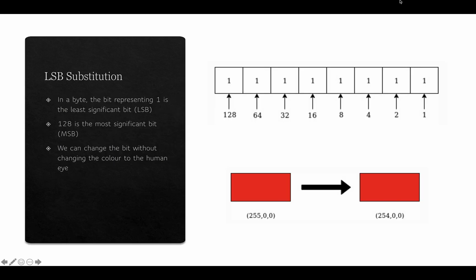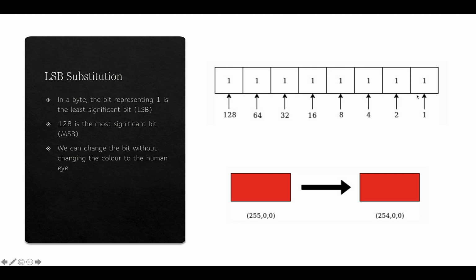One technique for steganography in images is to take each byte of an image and use the least significant bit, and use that for carrying the information of the message that you want to store. So we have here a byte, which is 8 bits, and the bits are arranged from right to left, with the most significant bit being on the left and the least significant bit being on the right.